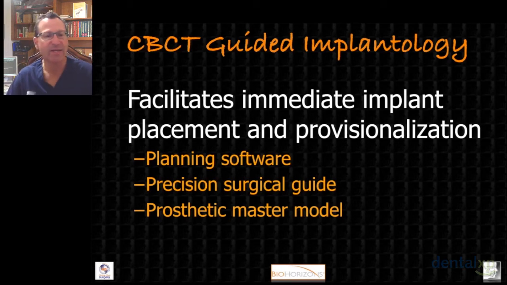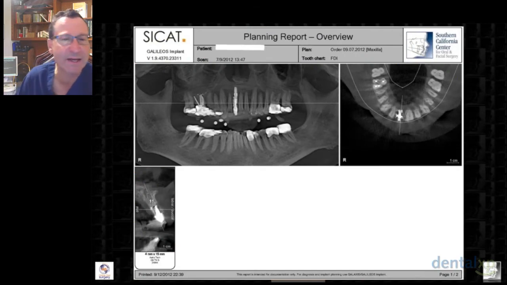surgery, and we're going to use the planning software to decide where the implant needs to be placed for the final prosthesis and whether or not we can place an immediate provisional.